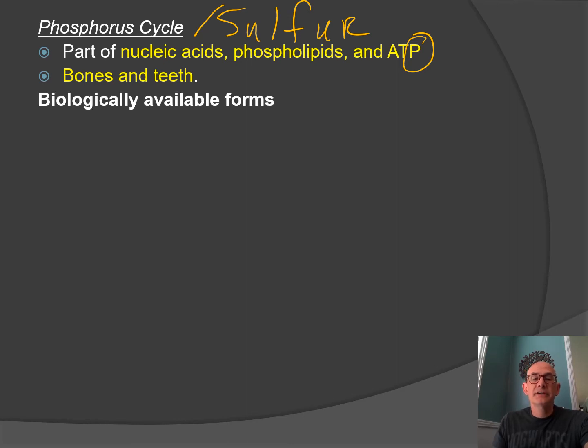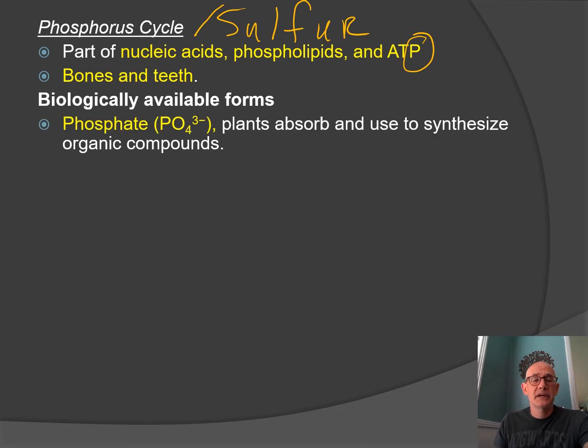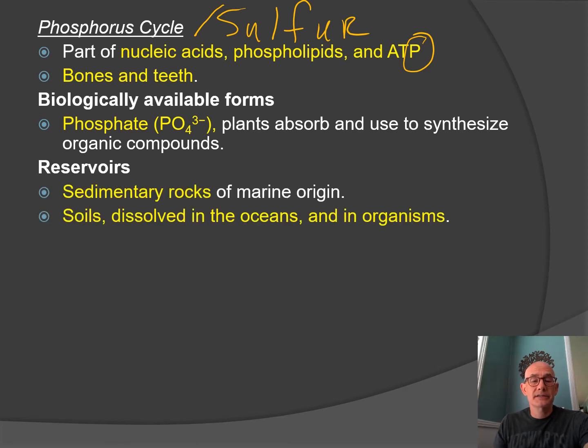Bones and teeth contain phosphorus, while sulfur is really just going to be found in proteins. Phosphate is the biological form that we are going to use. Sulfur is just sulfur, and they are found in rocks. And then, of course, if it's in biological material, it's anywhere biological material is found, either living or dead.